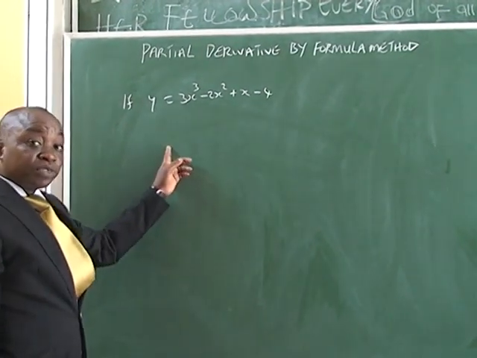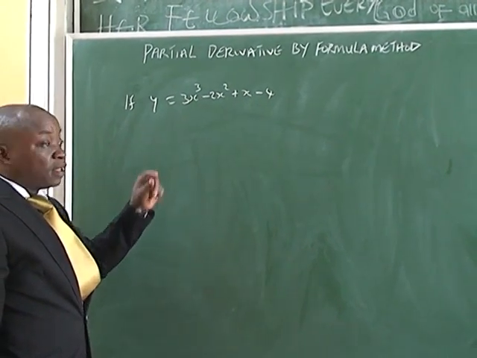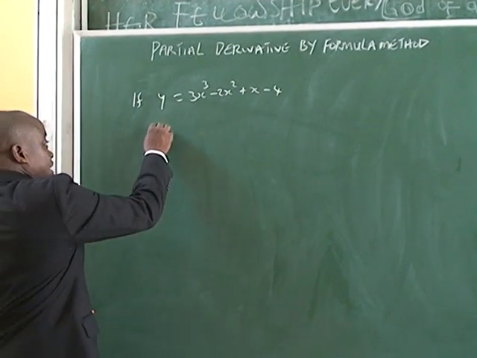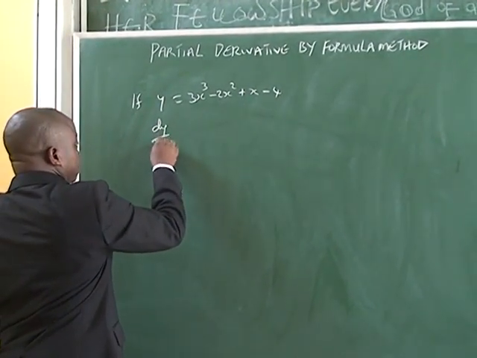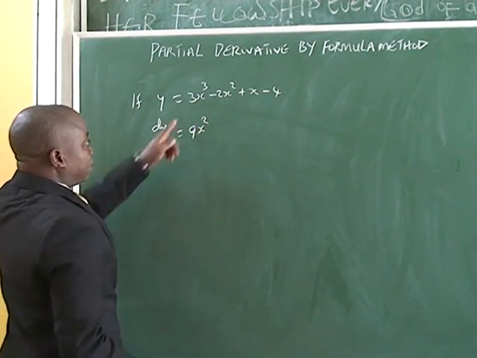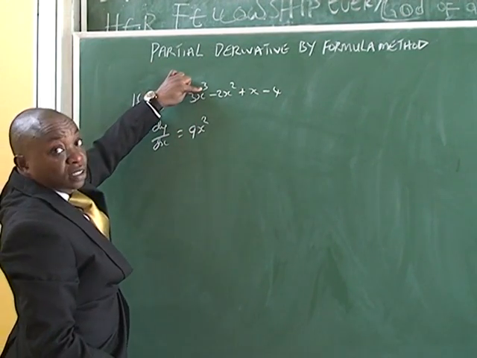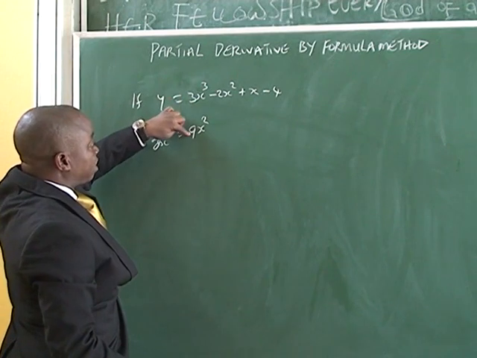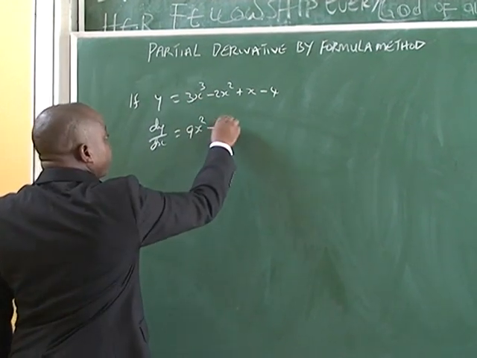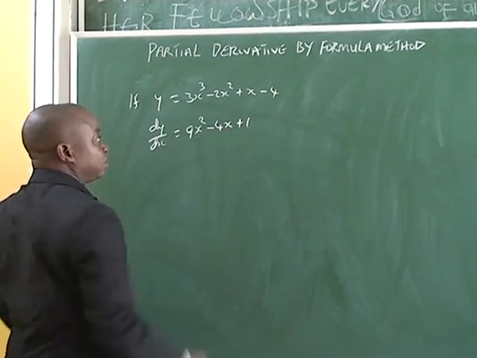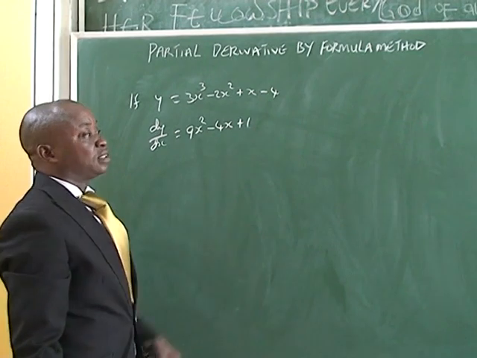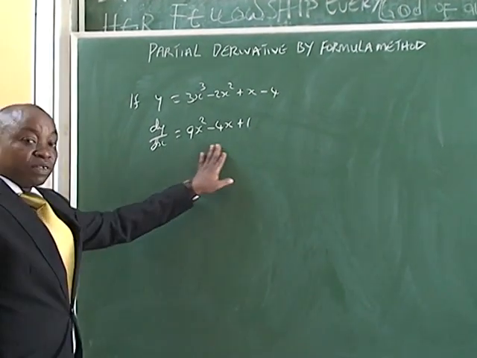Look at this, a function of one variable that we know. By formula method, dy/dx will be equal to 9x squared. That is using 3 times 2, we have 9, you reduce the power by 1, minus 4x plus 1. Now this 4 is a constant, so it's 0 when we differentiate.